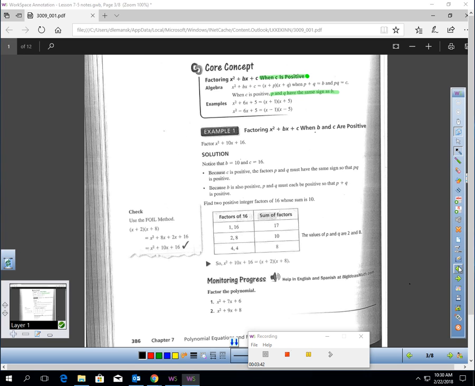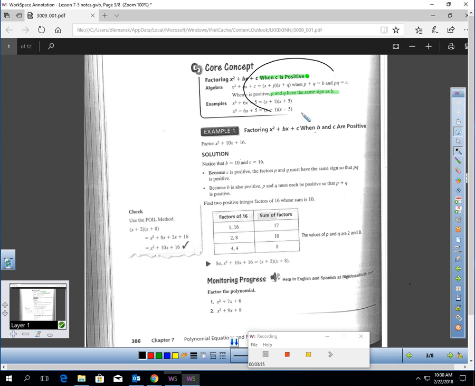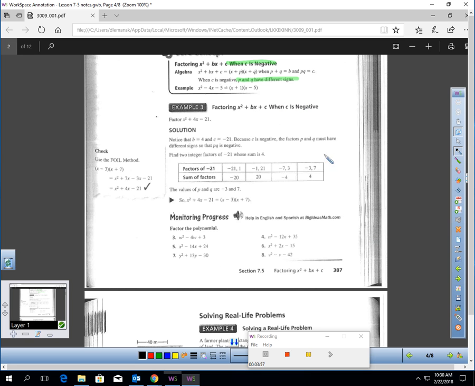So if this number is positive, then I look over here. You see how that's positive? That means both my factors have to be positive. That's what this statement is telling me. Now, if c is negative, that means my factors would have different signs. We'll look at some examples of that in a minute, and as we go through them, I think you'll see what they're saying here.